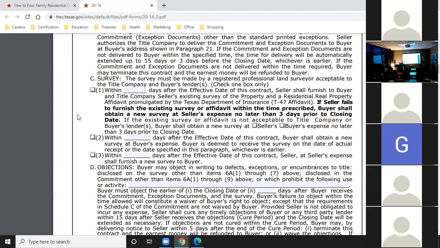Let me read here. I think it's box 1. Okay. Everybody agree? Anybody else got anything else? I agree. And then does anybody know what we should put in that first blank, within blank days?